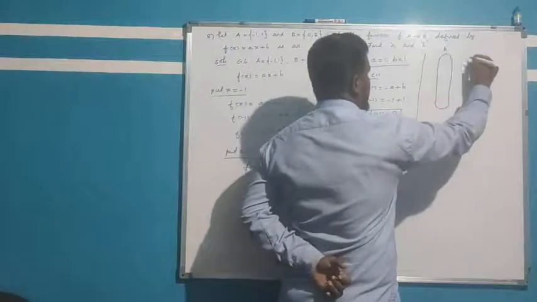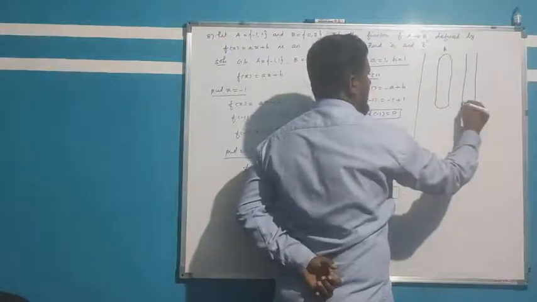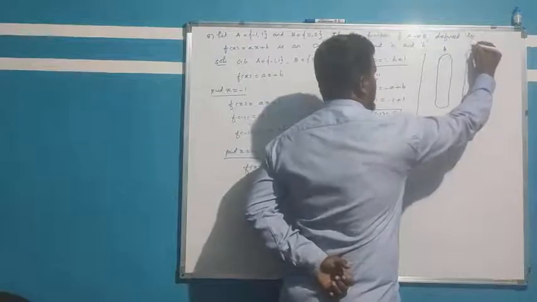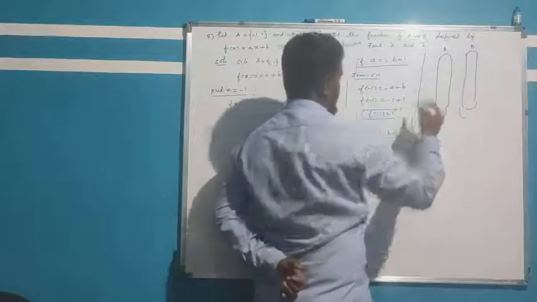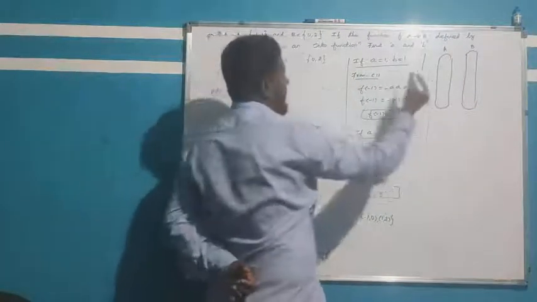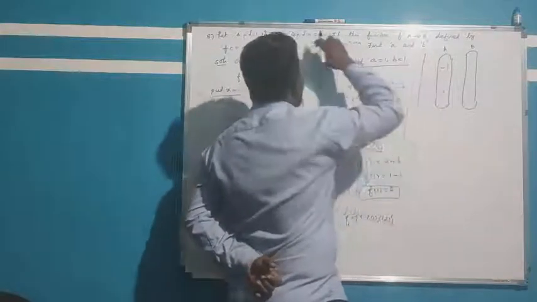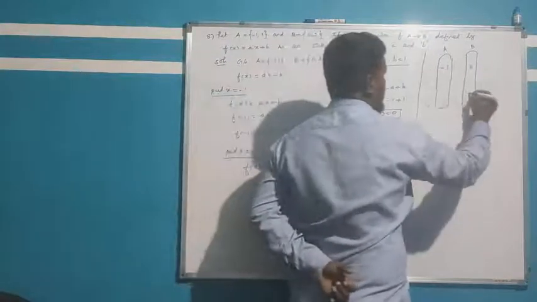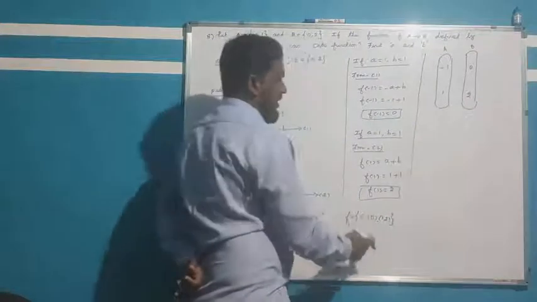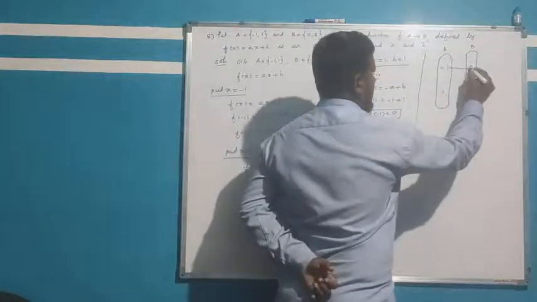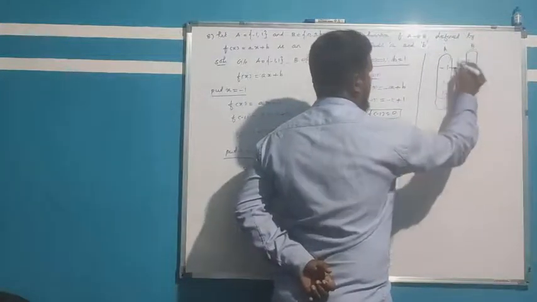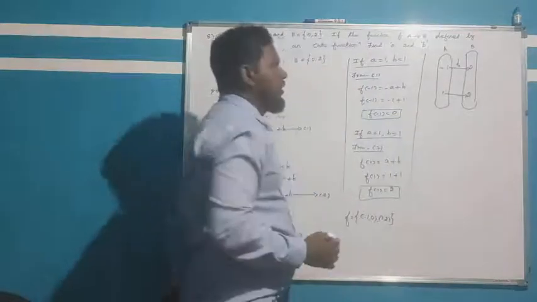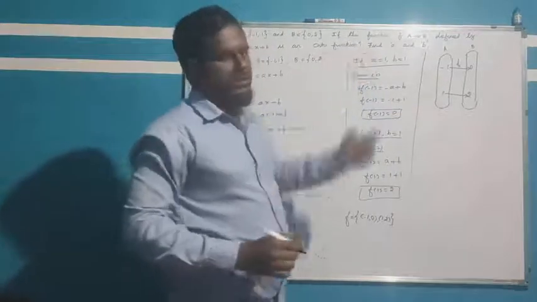The A set is {-1, 1}, the B set is {0, 2}. -1 is related to 0 and 1 is related to 2, so this is a function.